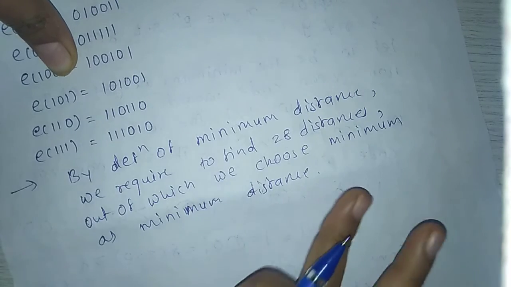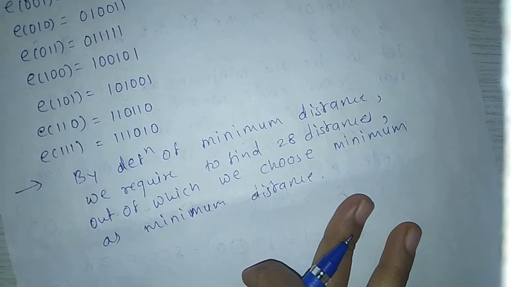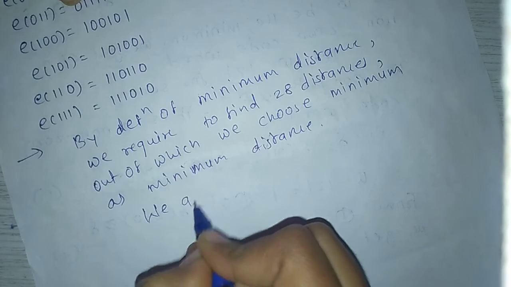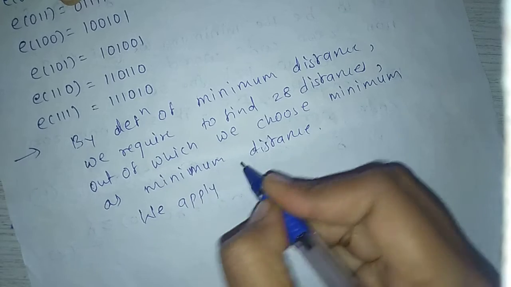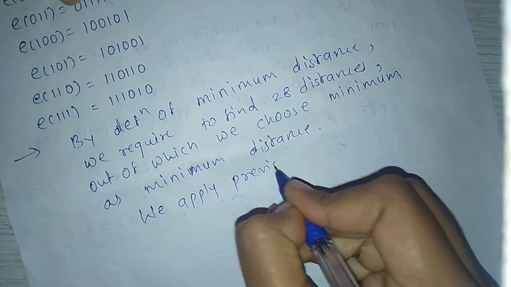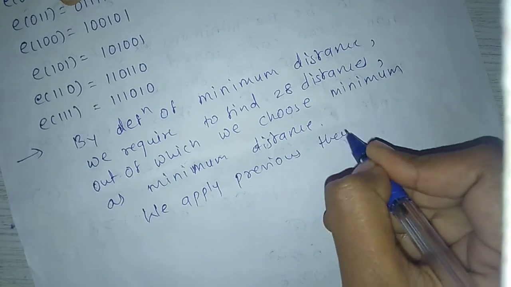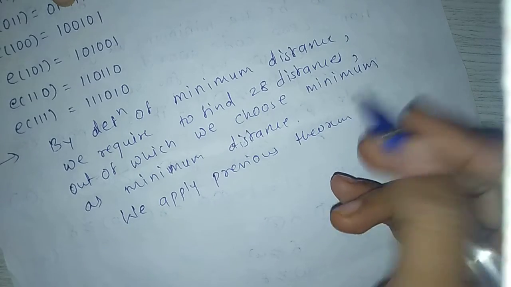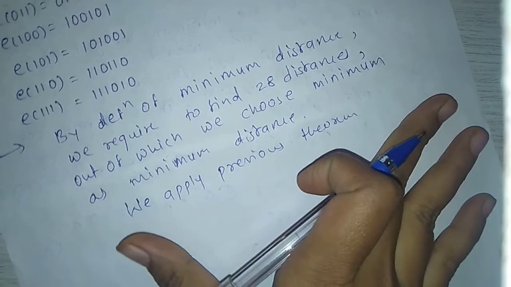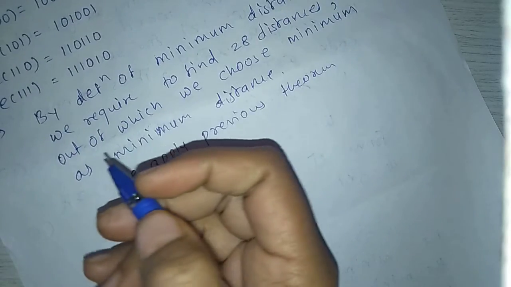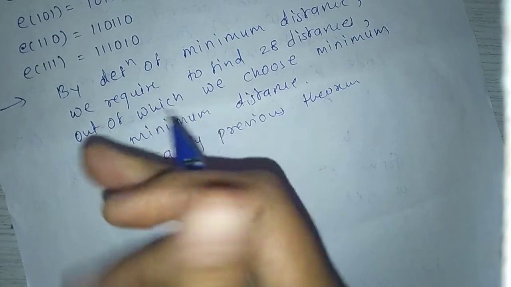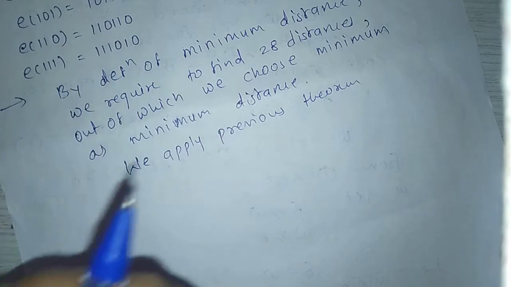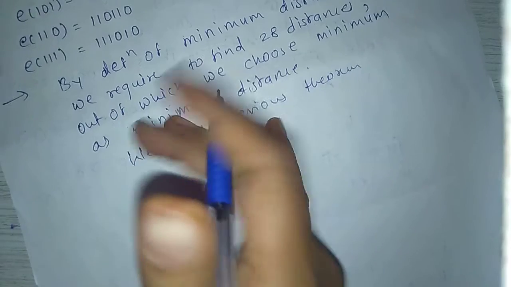To avoid this calculation, we apply the above theorem, means the previous theorem. We observe the weight of each non-zero code word. First, we calculate the weight of each non-zero code word.